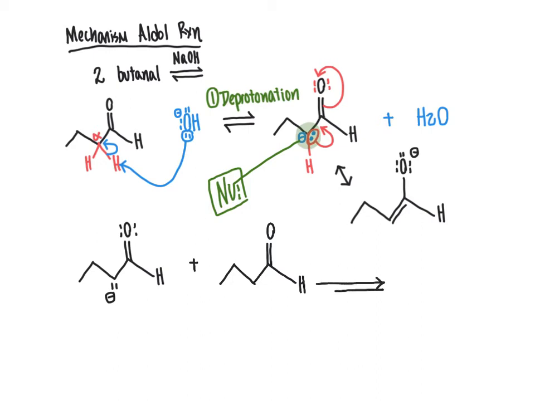And so what we will do here is come in, and the carbon at this alpha position acts as a nucleophile. Nucleophiles, as we have learned, are very eager to come in and form bonds to carbonyls, and that's exactly what it's going to do.